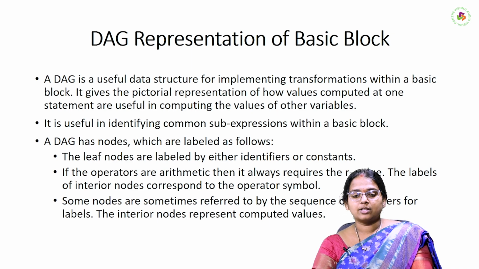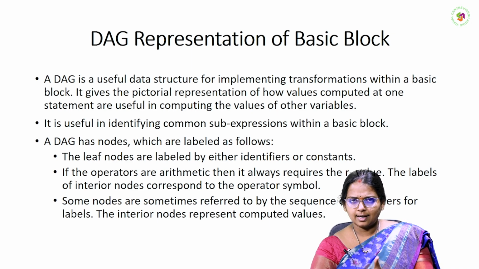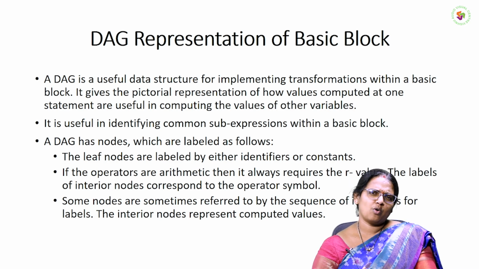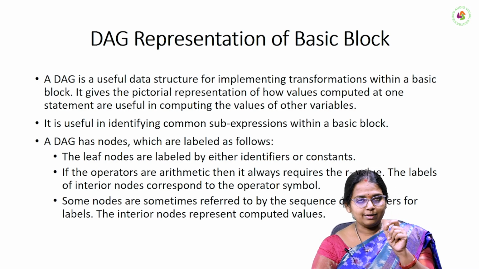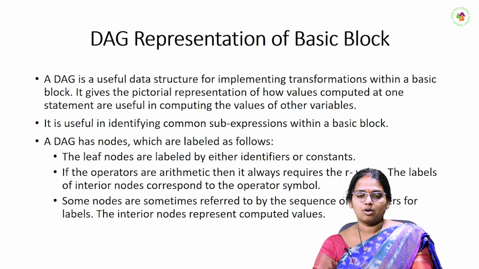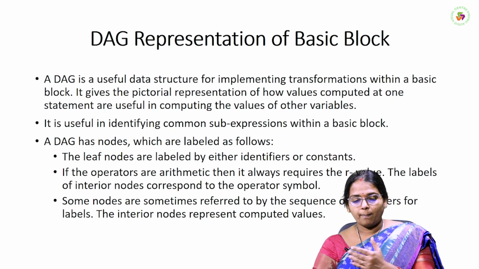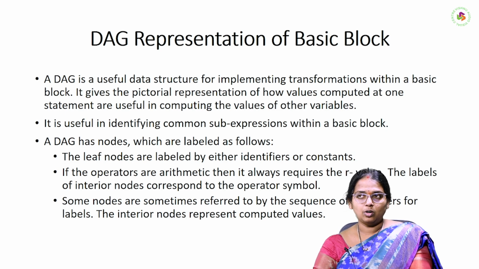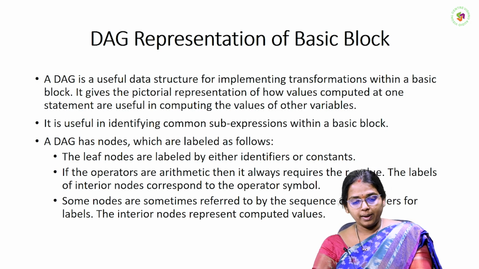A DAG is a graph, so it contains nodes. The leaf nodes of the DAG are always identifiers or constants. If operators are arithmetic, they always require an r-value. Without an r-value, arithmetic operators cannot be done.